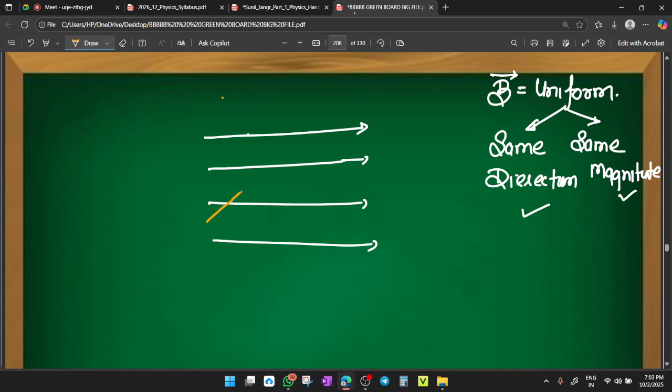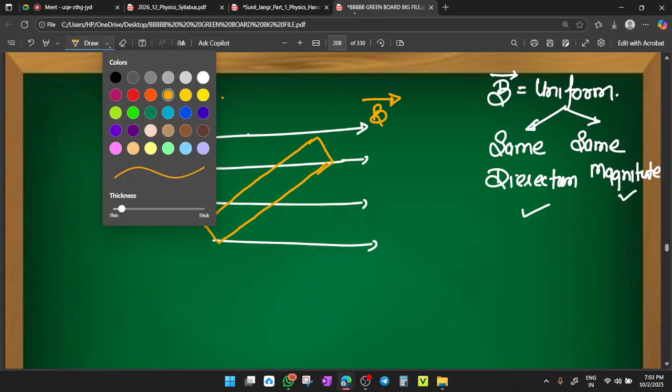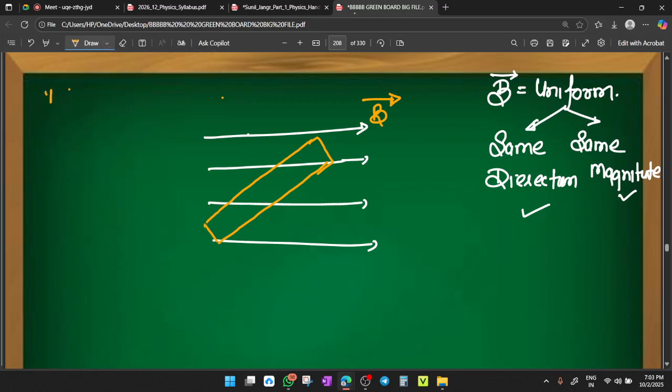Now see, this is the bar magnet. Now if you have a magnetic field B, then we have the definition: magnetic field intensity is equal to force per unit test pole.